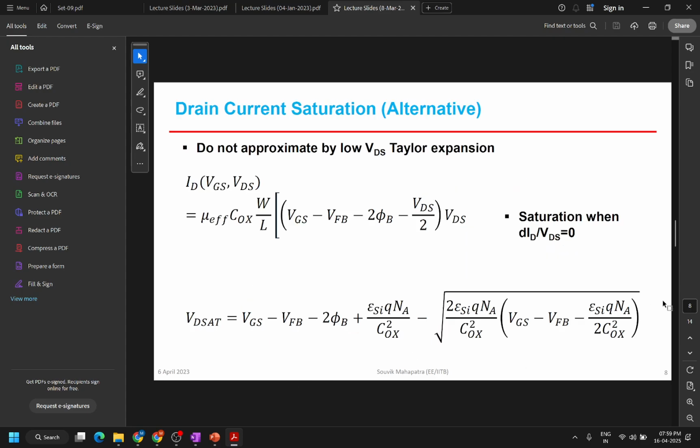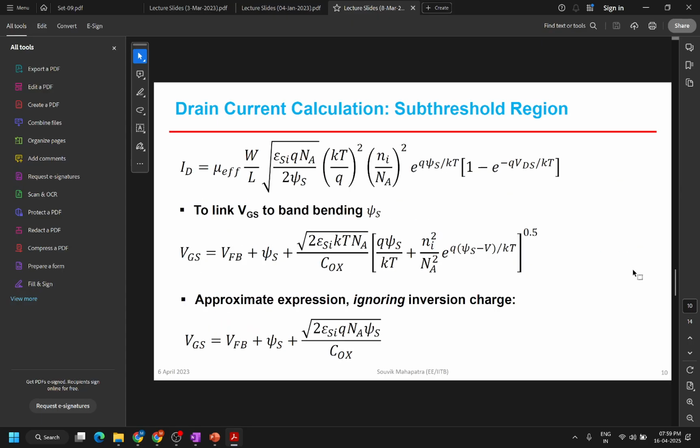So this formula that you get, and these are just different types of equations. Now for the subthreshold region, you take the base formula and insert the terms.